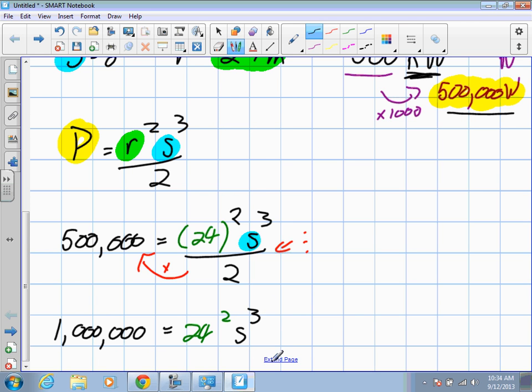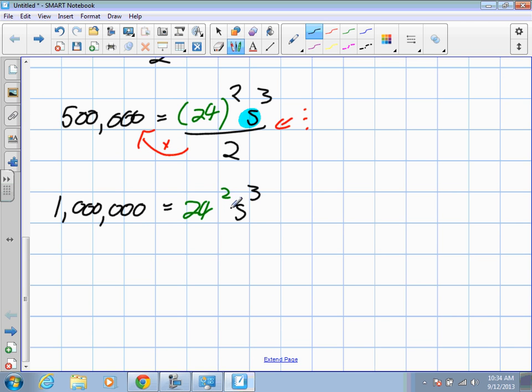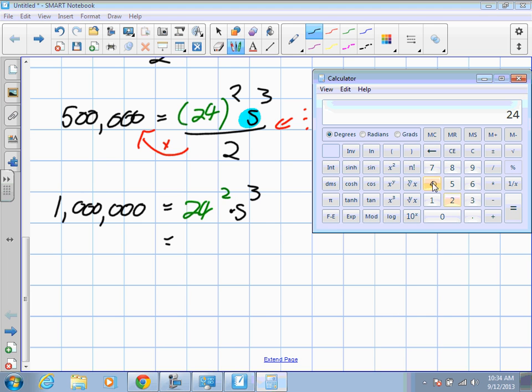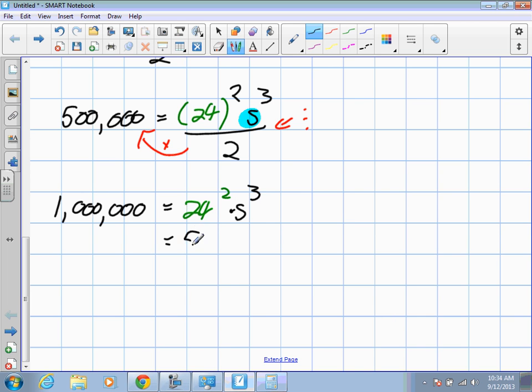Okay, now this says 24 squared times S cubed. I'm going to figure out what 24 squared is. Maybe someone with a calculator have one here. 24 squared, 576. Perfect. So we have 576 multiplied by S cubed is equal to 1 million.